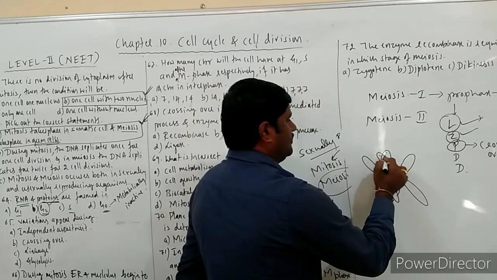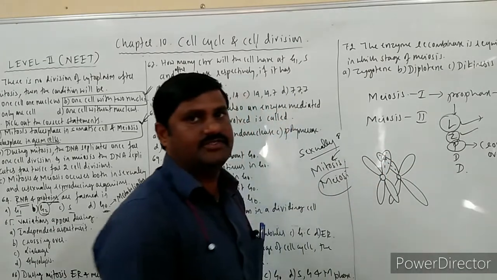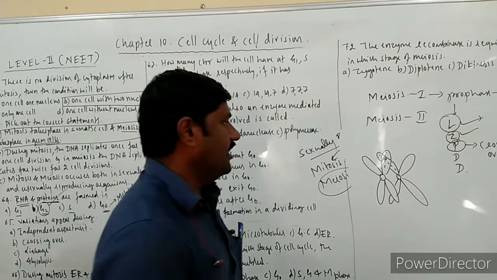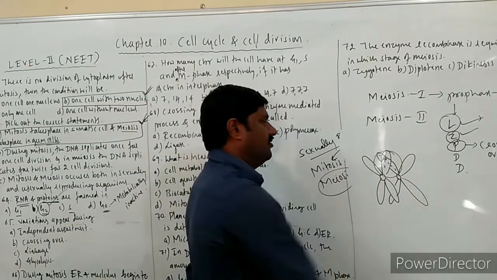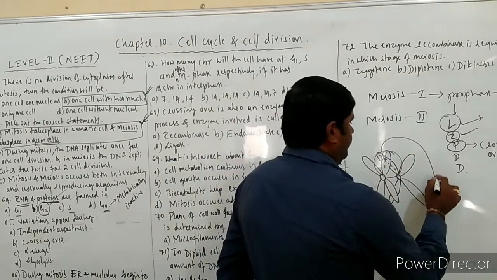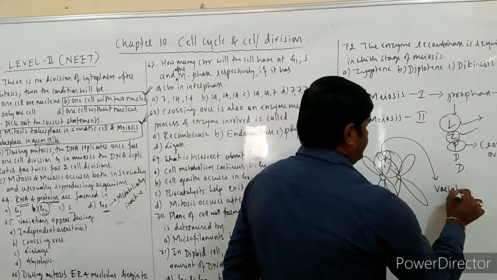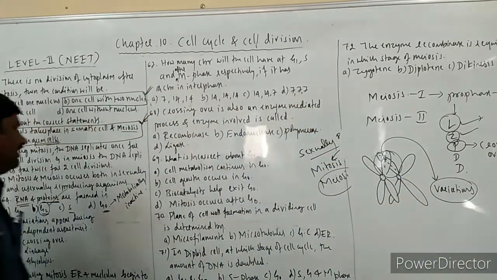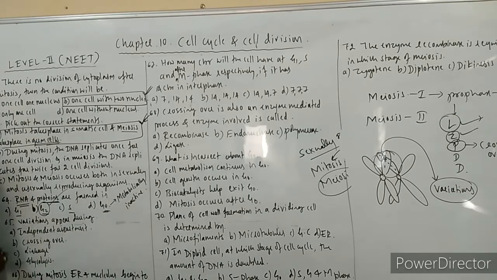The change in the combination of the genes in both the chromatids is called genetical recombination. As a result of this genetical recombination, variations in the genetical characters occur. That's why the correct answer for this question is option B, crossing over.